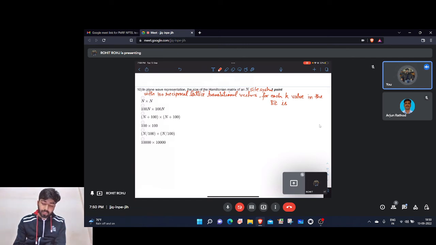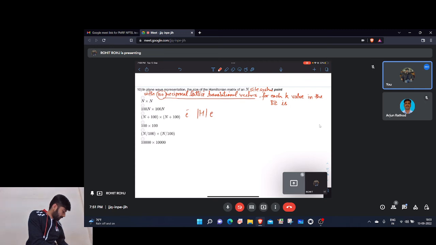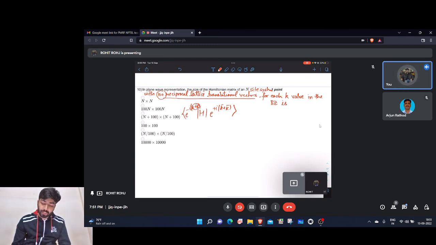So in the plane wave representation, what is the size of the Hamiltonian matrix of an n-side system with 100 reciprocal lattice translation vectors for each k value in the Brillouin zone? Now the size of the Hamiltonian matrix depends upon the reciprocal translation vectors we have, because we talk about the matrix element with e to the power minus i k plus capital K, and here we have plus i k plus capital K. Now the number of k vectors we have is the size of the matrix, which would act as a diagonal.